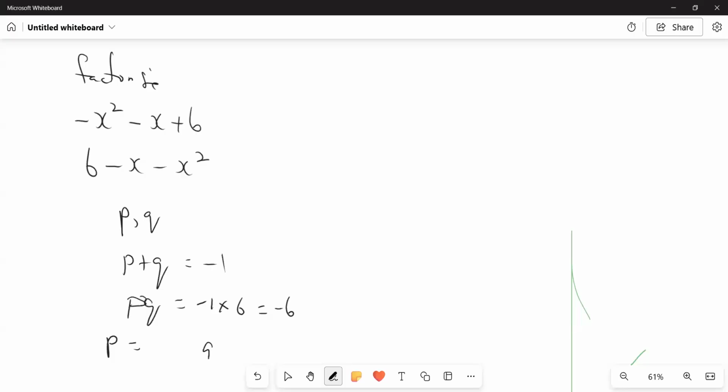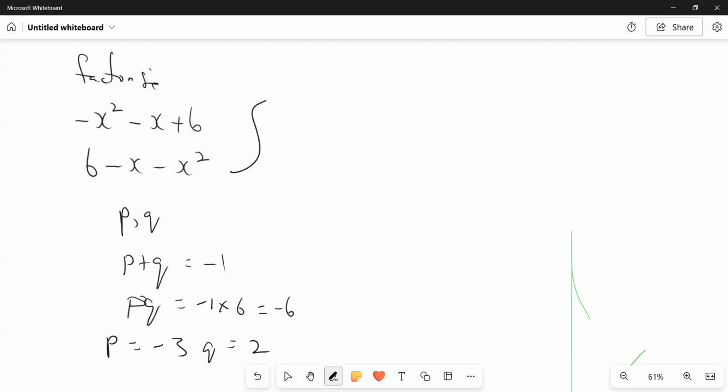What can P be and what can Q be? -3 and +2, correct. They add to -1 and they multiply to -6.